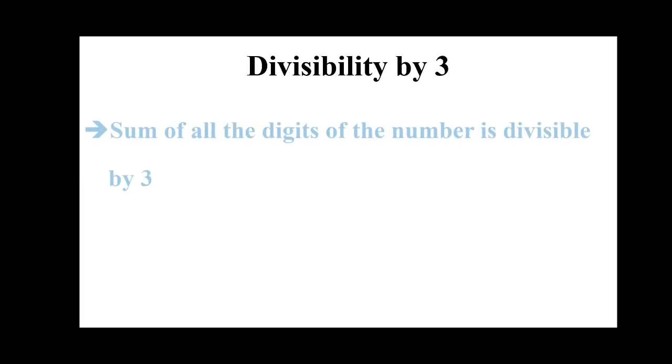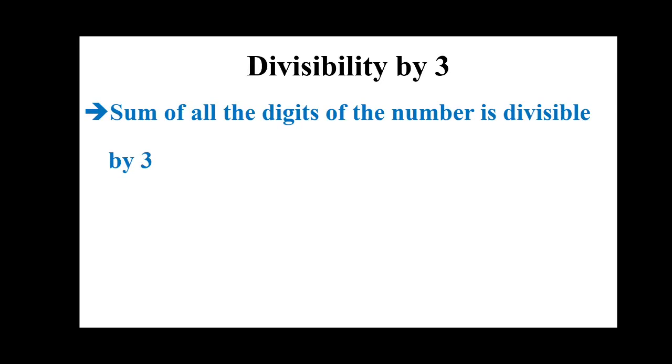Next, divisibility by 3. If the sum of all the digits of the number is divisible by 3, that number is divisible by 3. Let us see the examples. 39.